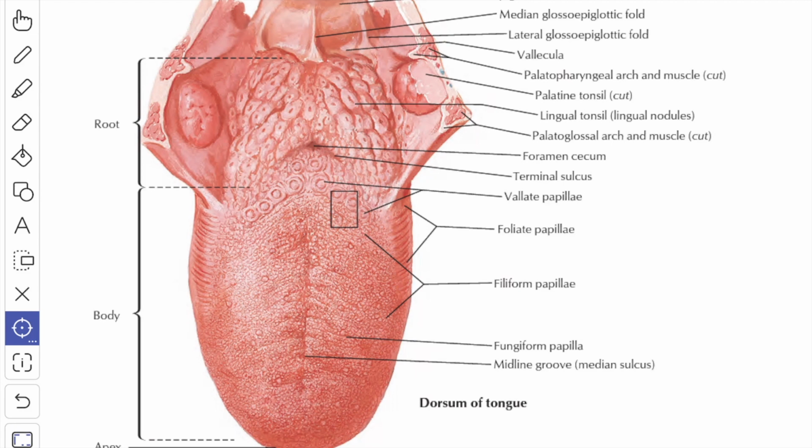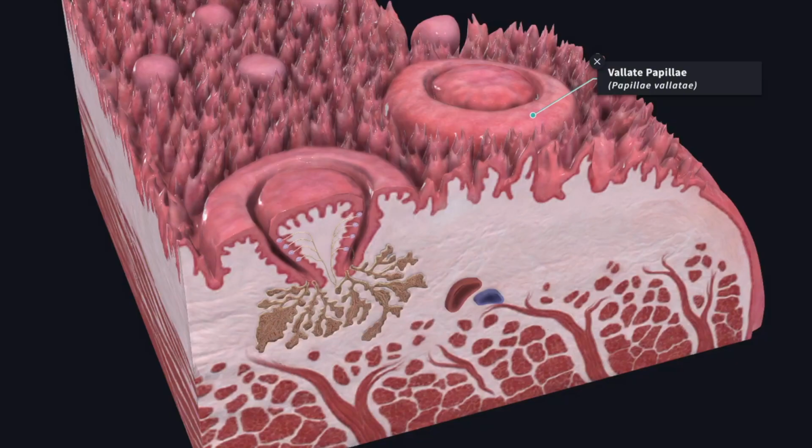So when you see the types of the papillae, first we'll see the vallate papillae. So these are the vallate papillae. They are about 8 to 12 in number and are arranged in a V-shaped single row immediately in front and parallel to the sulcus terminalis. So in here you can see the circumvallate papilla.